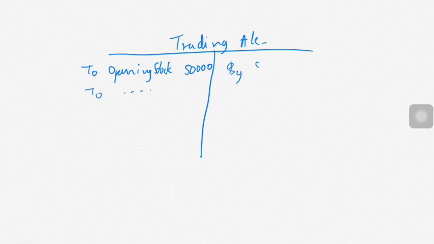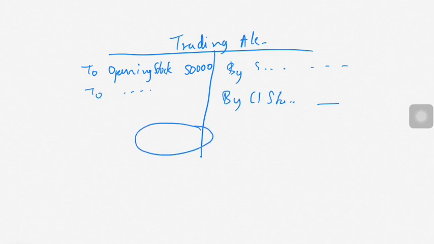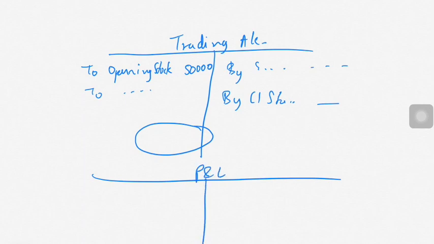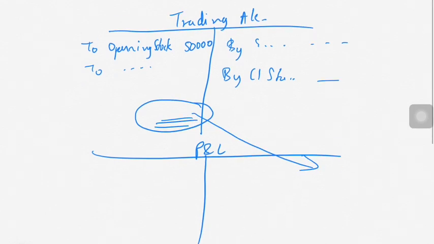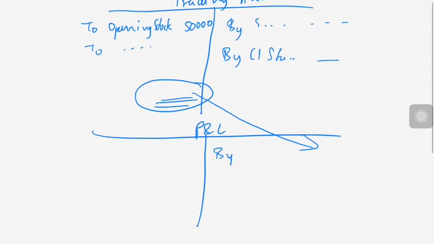So to opening stock, to purchases, by sales, by closing stock. Okay, I have written the amounts. Then you get your gross profit. In your P&L account, you write the same gross profit, whatever is here, you will write here, correct, by gross profit.